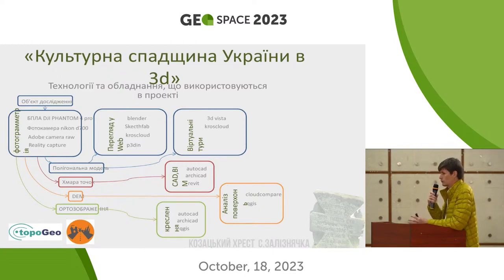And thanks to our model, which we made with the use of a photo camera and a UAV, the Phantom UAV, and then processed in RealityCapture, which is software for 3D imaging, not for orthophoto plans, though it can produce orthophoto pictures as well.